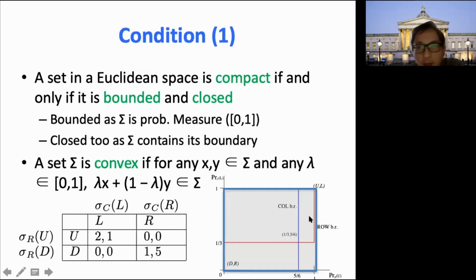It's bounded because it's a simplex, with probabilities between 0 and 1. It's closed because it includes 0 and 1. So it's bounded and closed, therefore it's compact. It's also convex, because if two points are in the set, anything in between is also in the set.